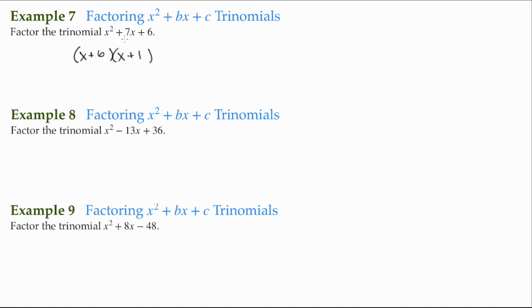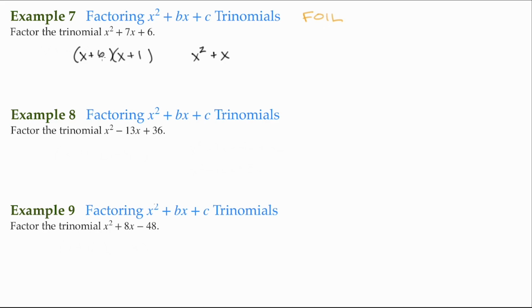And since all the terms inside our trinomial are positive, the binomials will all be positive. And we can check to make sure that these are the factors of this trinomial by using FOIL. So if I do our firsts, x times x, that's x squared. Our outer, x times 1, that's x.